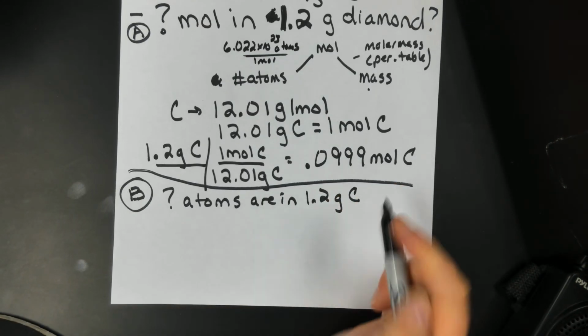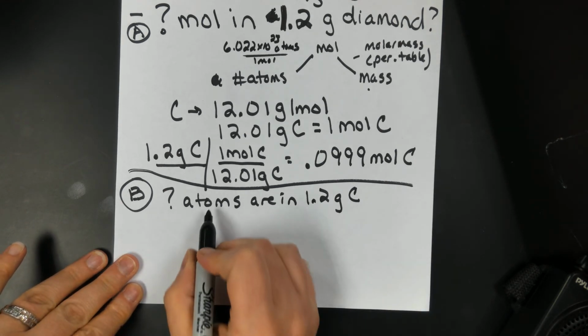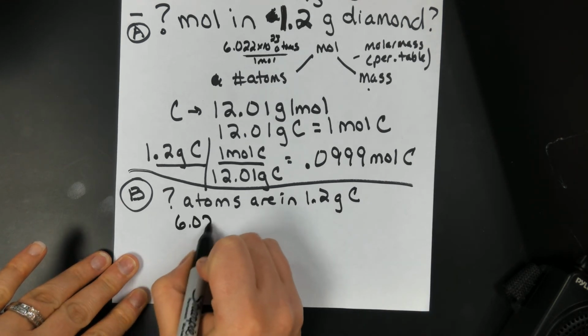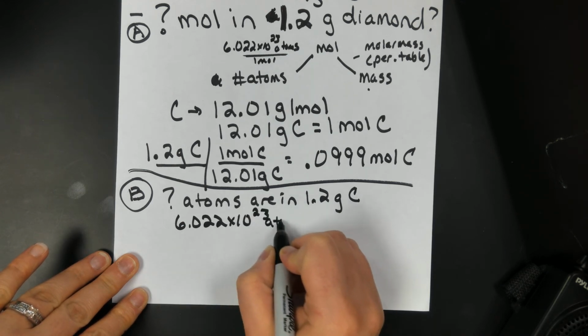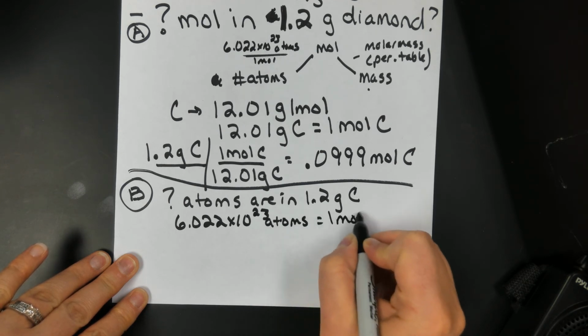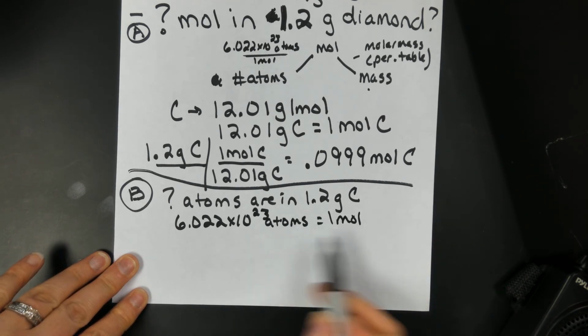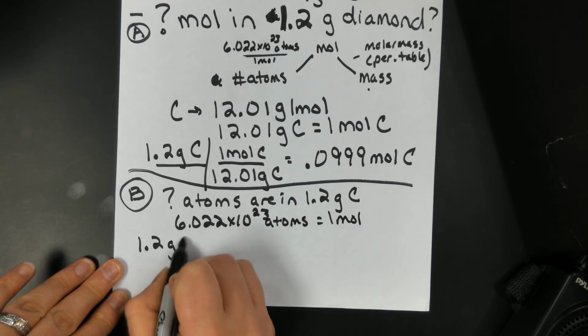Again, start with your given. I'm just going from moles to atoms. We could write that conversion out: if I have 6.022 times 10 to the 23rd atoms, I have 1 mole. That's your conversion.